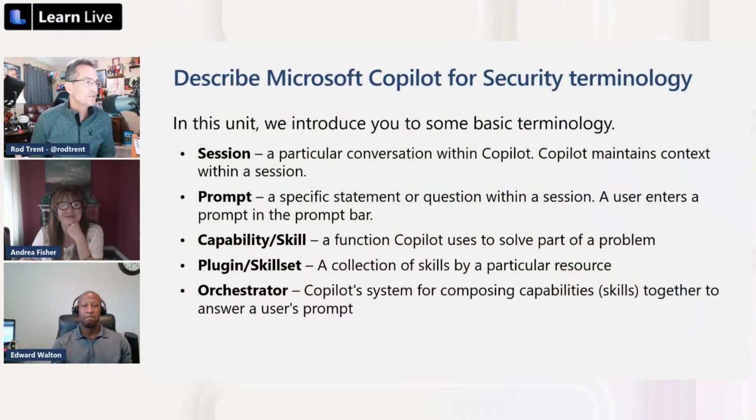Here are some things that you'll hear quite a bit, or see within the UI itself. Number one, a session. That is the specific conversation you have with Copilot for Security. That thing you ask or tell Copilot for Security to do, that entire activity, is called a session.